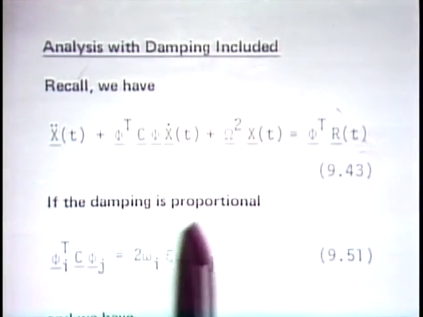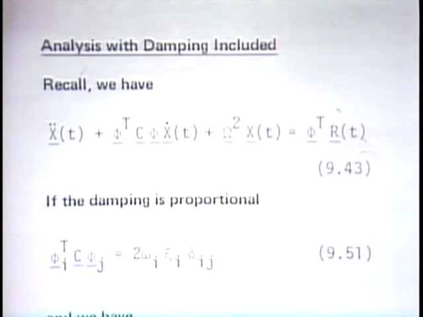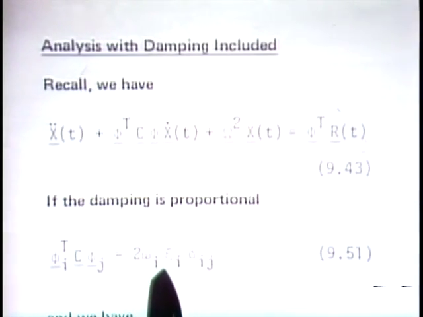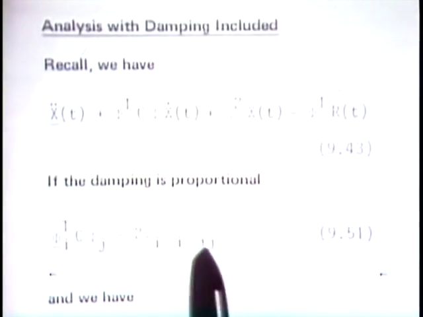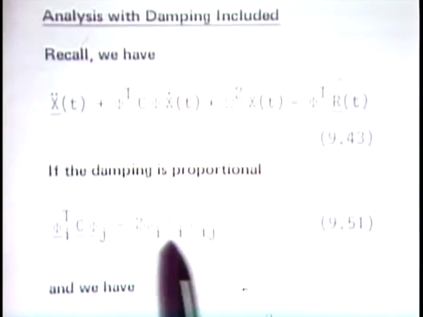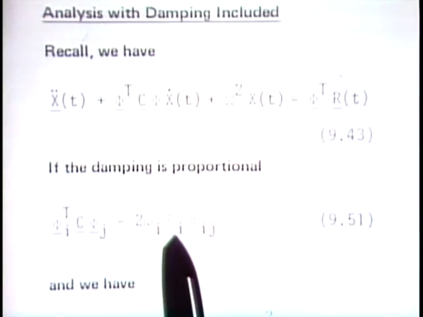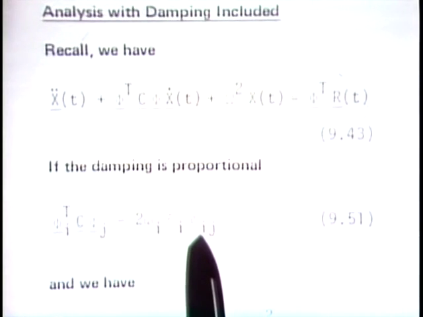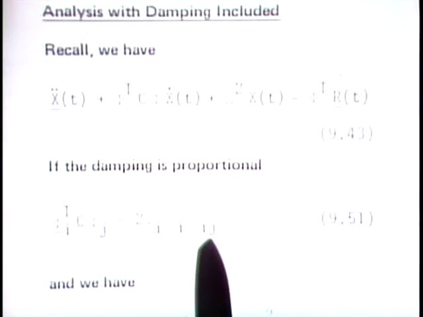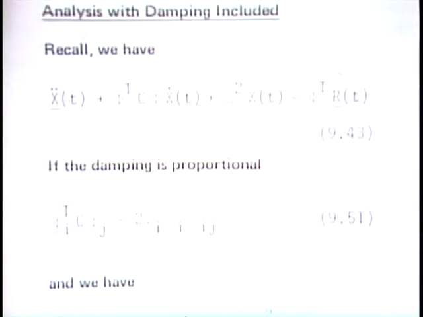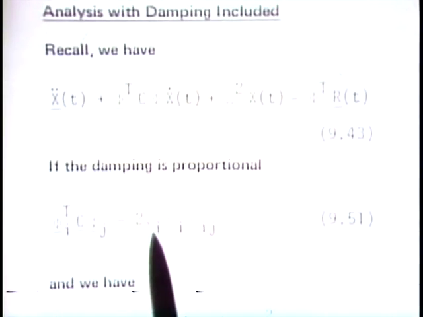However, if we have proportional damping, and in structural analysis, frequently all that is necessary is to include proportional damping, which we postulate to be of this form, 2 omega I psi I. Delta ij is again the Kronecker delta, which is equal to 1 when I is equal to j and is equal to 0 otherwise.